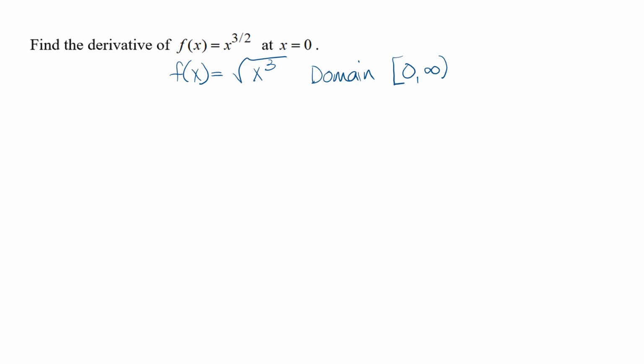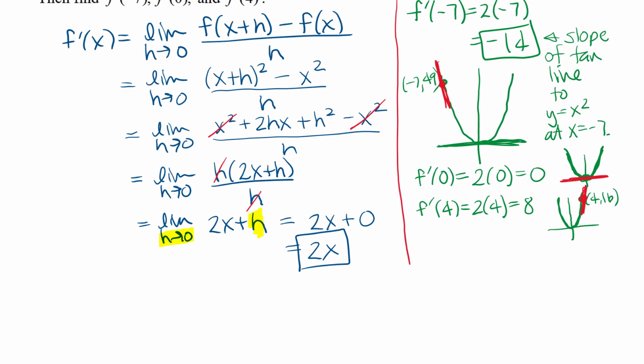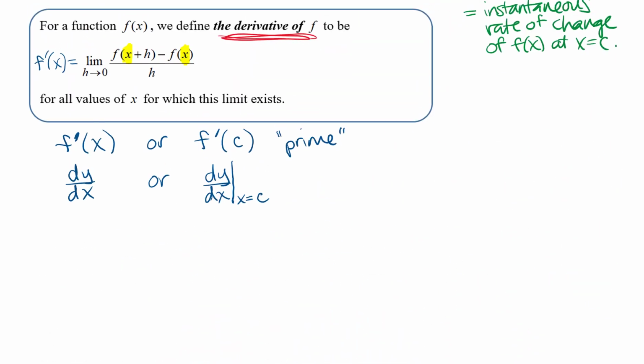And so when I try to use this definition for finding the slope of the tangent line or the derivative at x equals 0, which is an endpoint of the domain, I technically have a little trouble with the definition as it's written, because I can't really do a limit on both sides of 0. So when you look at the definition of derivative, what we had at the very beginning of this video, you'll usually see what we had typed there.